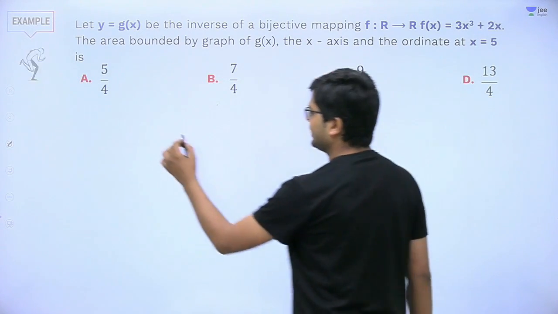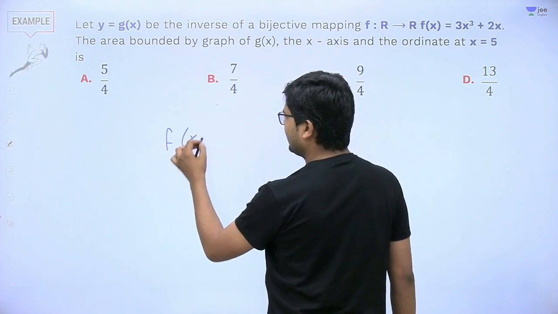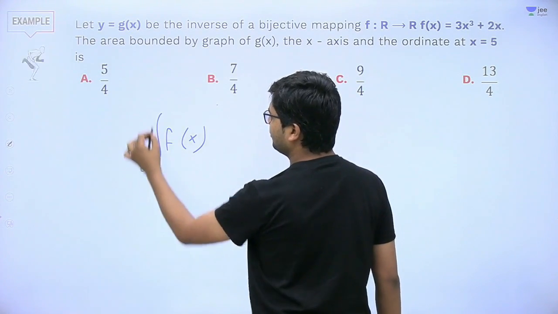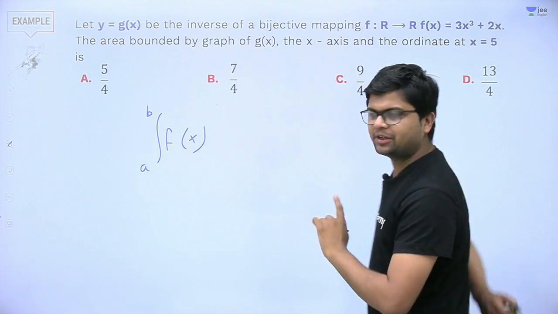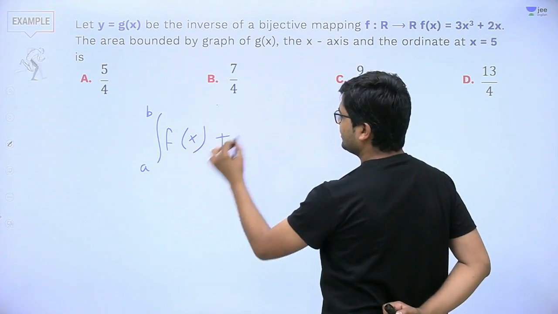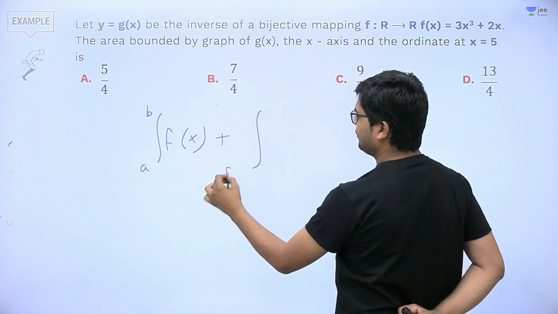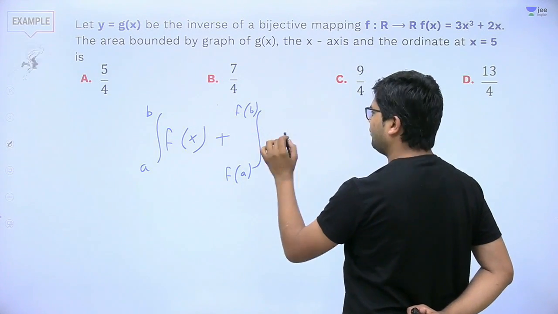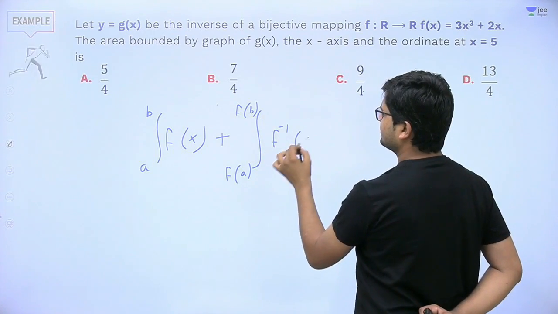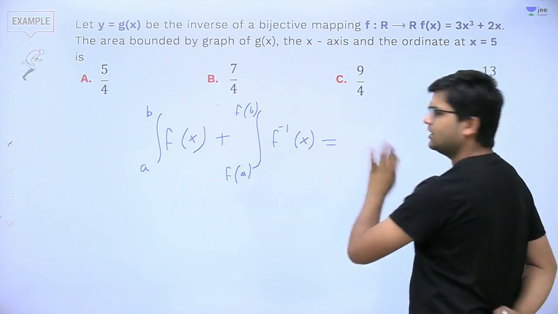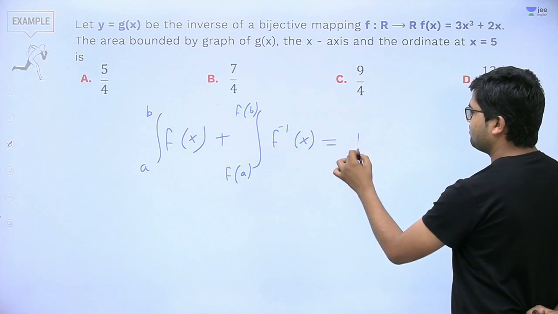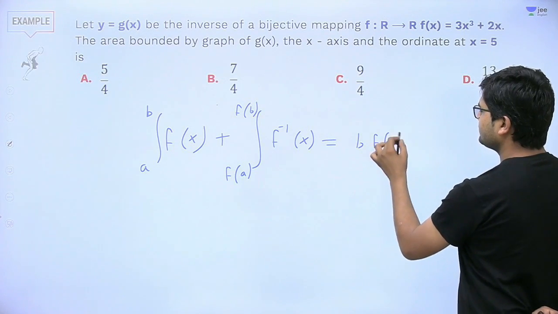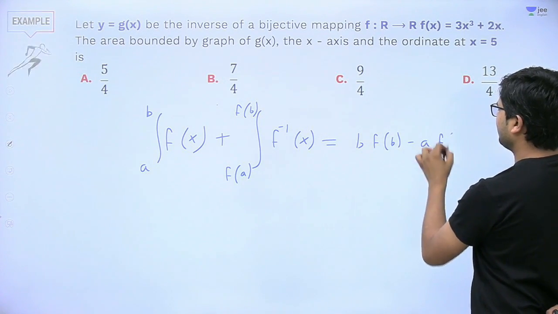For this you must understand that the integral of f(x) from a to b, plus the integral from f(a) to f(b) of the inverse function f inverse x, has the value b f(b) minus a f(a).